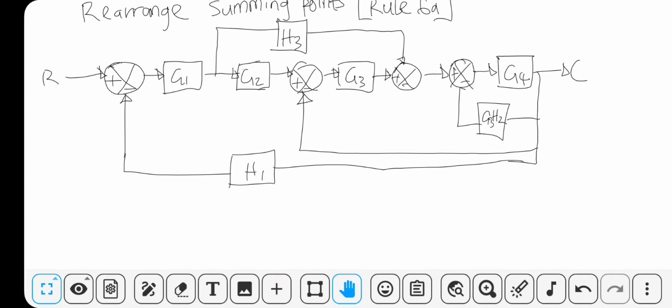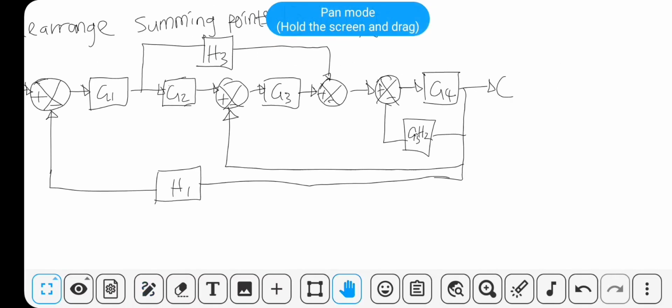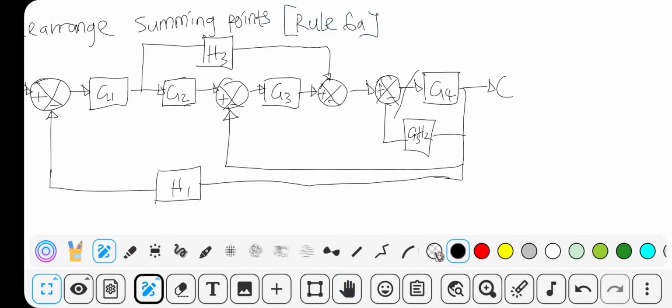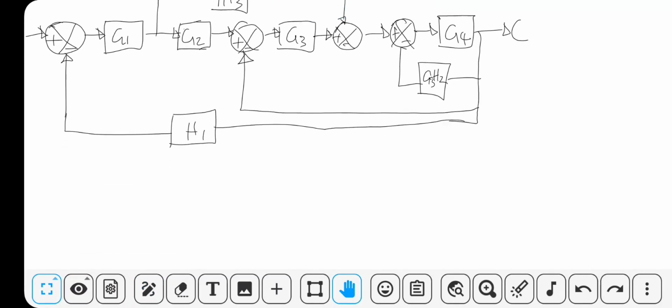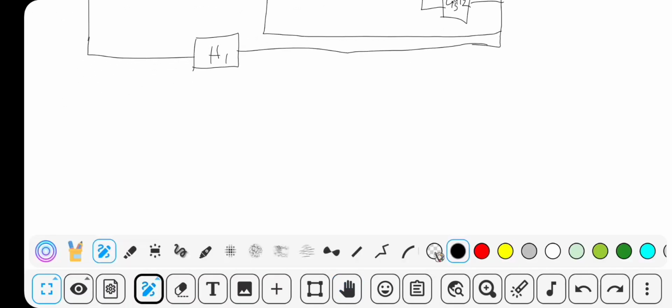So from here, these two blocks, we can now see something. These two blocks are in parallel, so we can reduce them using the rule combine blocks in parallel.